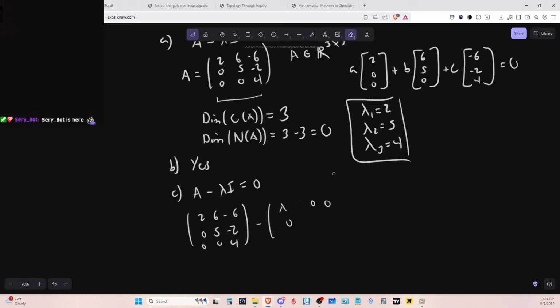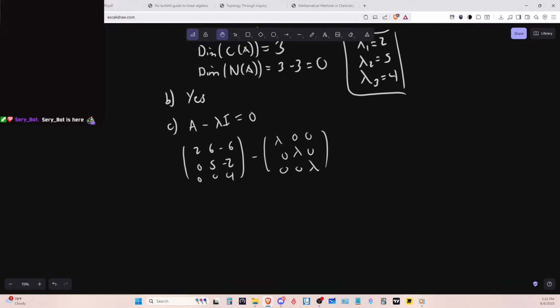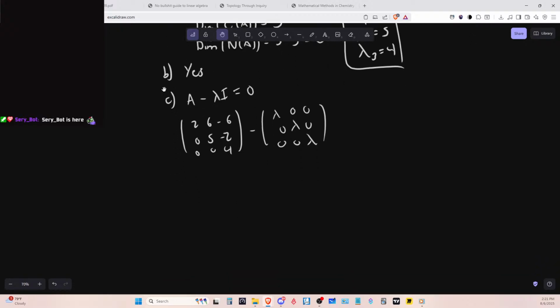I don't know why I wrote that. Okay, now we don't have to solve for the eigenvectors, we just have to solve the eigenvalues.